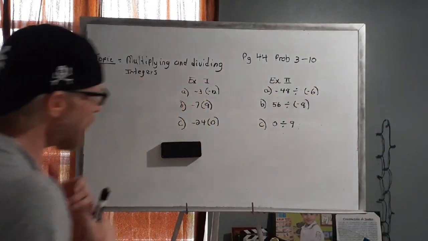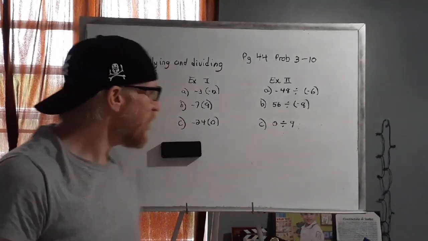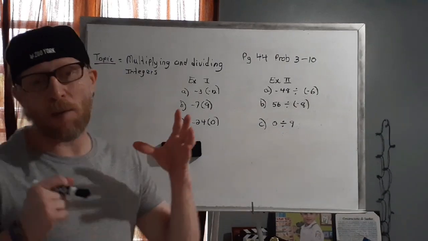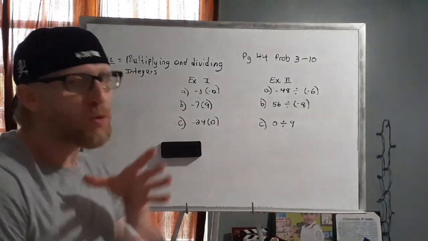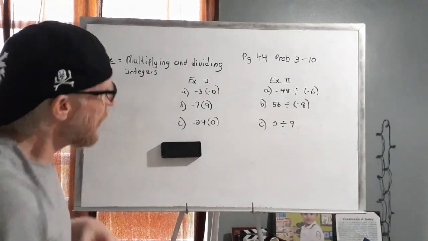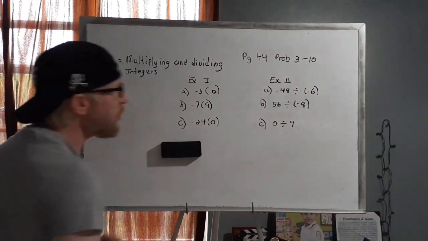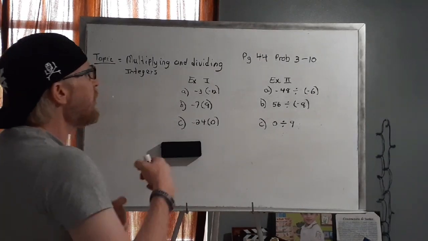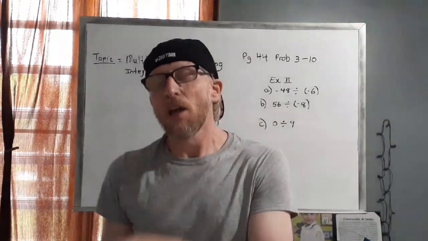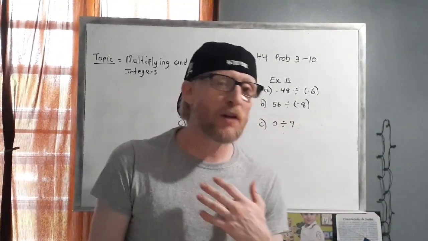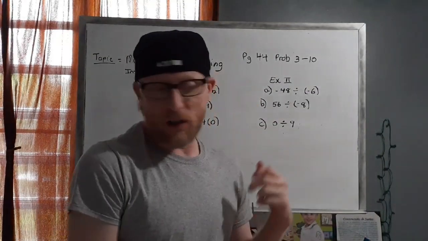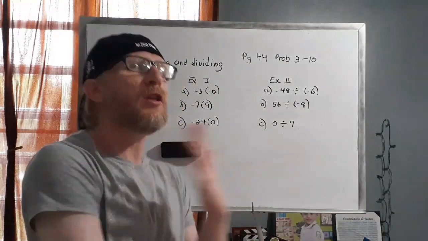So multiplying integers. Whenever we're multiplying integers, we're going to be multiplying positive numbers times negative numbers, or negative numbers times negative numbers, or positive numbers times positive numbers. Now, here's the first problem. What do we do when we have negative 3 times negative 12? How do we multiply two negative numbers? Well, we multiply them the same way you multiplied all throughout elementary school or your other math courses.